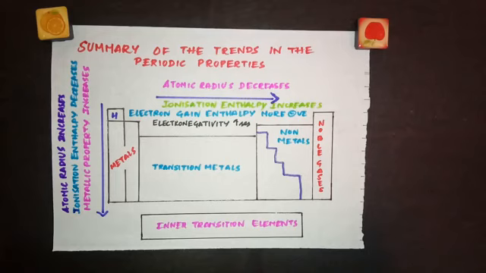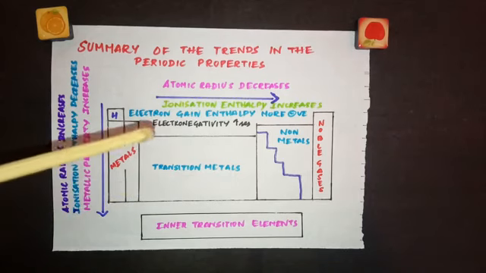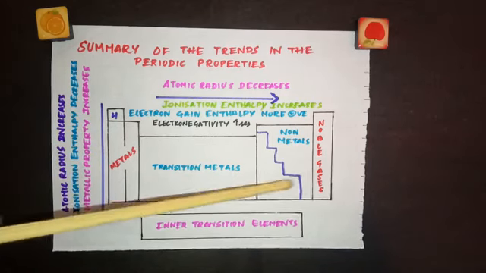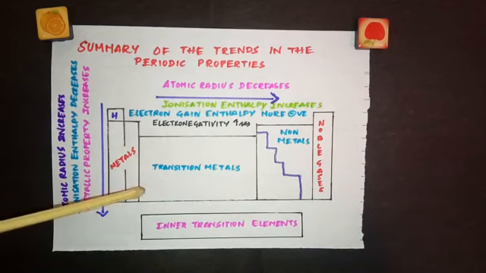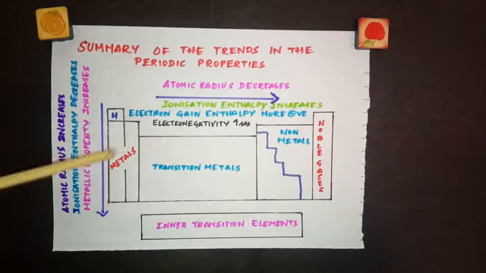So we will directly relate these properties to the metallic and non-metallic character of elements. The metallic character of an element, which is highest at the extreme left, decreases as you move from left to right of the period, and the non-metallic character increases while you move from left to right.